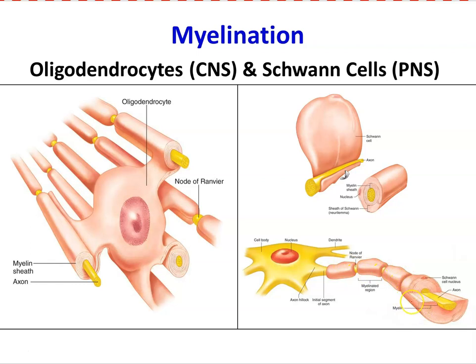Okay. Now, it's not critical that you remember oligodendrocyte and Schwann cell. I will be saying Schwann cell a lot, but as long as you know that there are cells that make myelin, then we're good. And as long as you know what the function of myelin is, then we're good too.